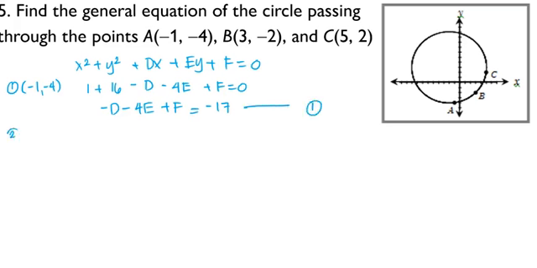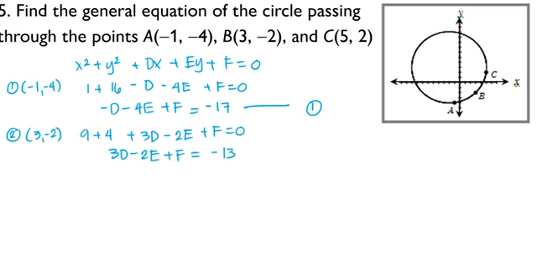And then let's plug in the second point, which is point B. So that becomes 9 plus 4 plus 3d minus 2e plus f equals 0, or 3d minus 2e plus f is negative 13. This is equation number 2.